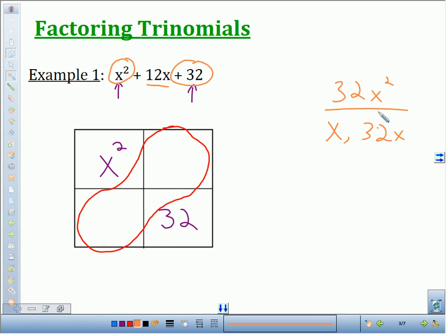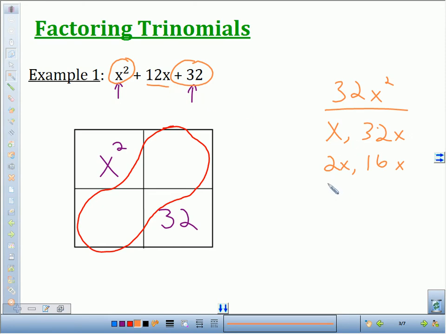X plus 32x is 33x, so that's not going to work. That's no good. I could also have 2x and 16x. 2x times 16x is 32x squared. But again, if I add the two together, 2 plus 16 is 18, not 12.